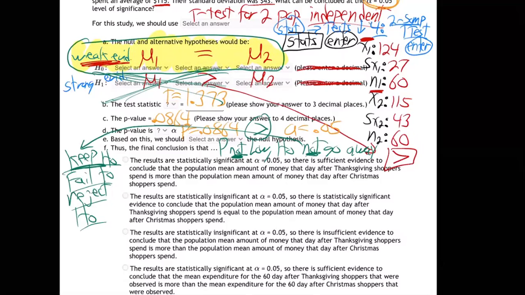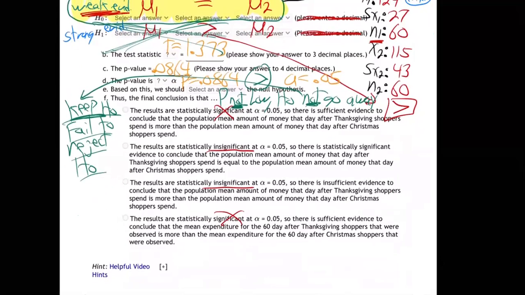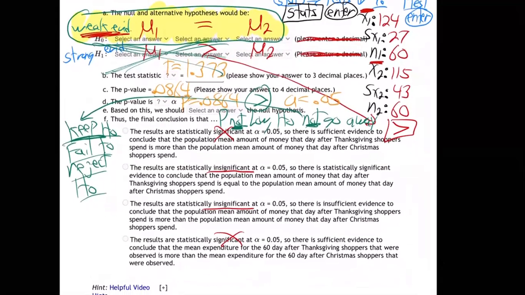So statistically significant? No. Insignificant? Yes. Significant? No. All right, I'm down to two options already. Let's read on. So there is statistically significant evidence to conclude. Wait, no. They went back to significant. No. All right, that was easy.